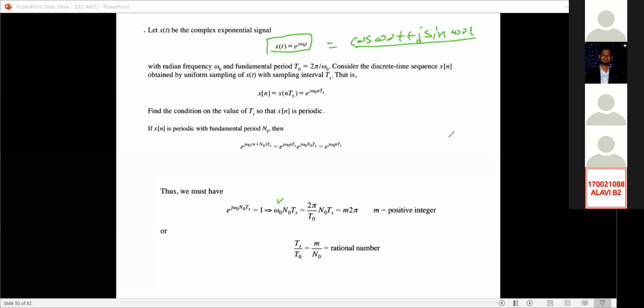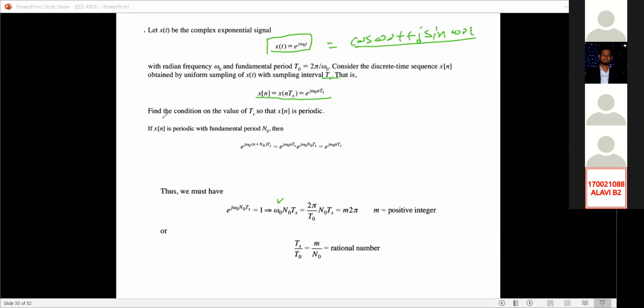If we want to sample this signal, for example, take samples in sampling interval Ts, then we replace t by nTs. Your discrete time signal will be e to the power j omega 0 nTs, where omega 0 is the fundamental angular frequency.